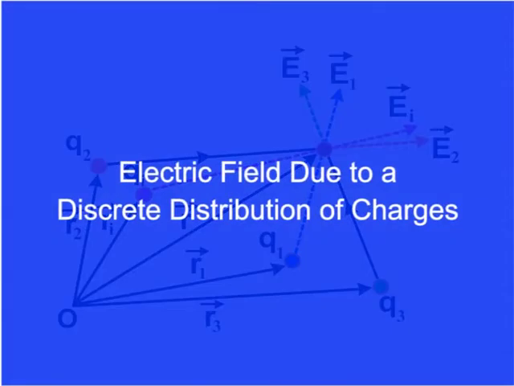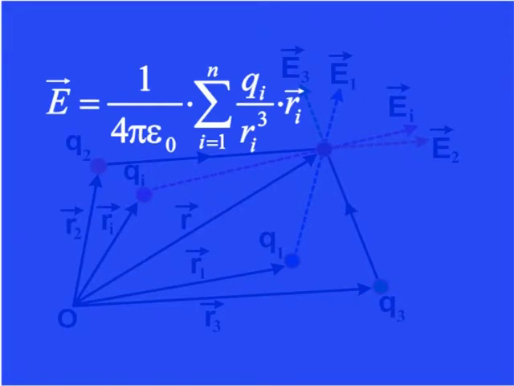The net electric field due to the discrete distribution of charges is equal to 1 upon 4 pi epsilon naught into summation of qi upon ri cube into vector ri, with the value of i from 1 to n, where ri is the distance of the field point from the ith charge.